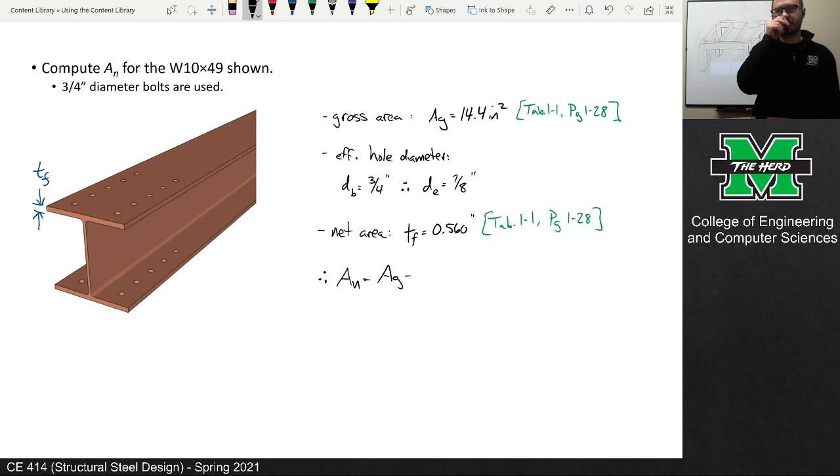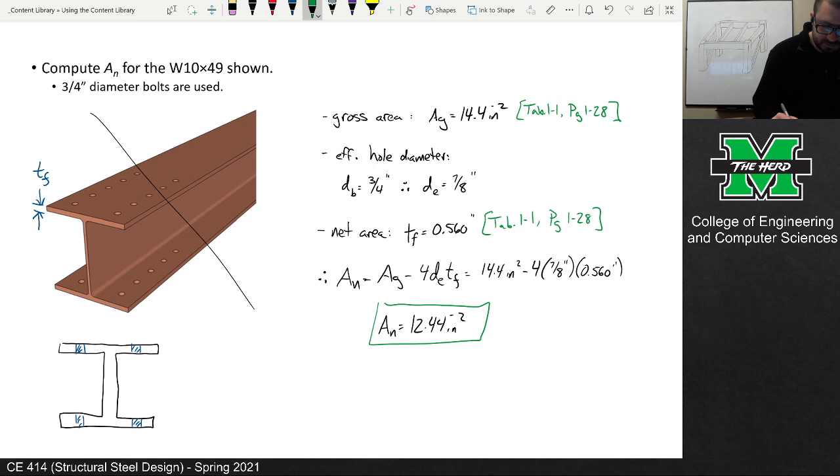Am I getting a second on that answer? I want to make sure the value's right. Seems right. Okay.